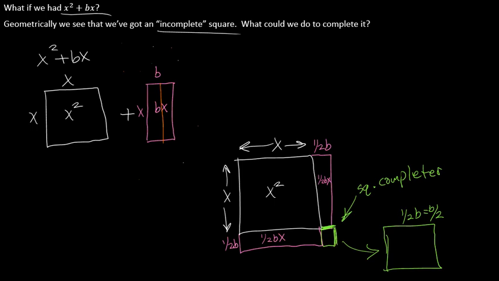This side here, obviously, is this long here, which is also b over 2. So the area of this guy is b over 2 all squared. So I can complete this square by just adding in 1/2 of b all squared, right? So geometrically speaking, it's pretty straightforward, right?